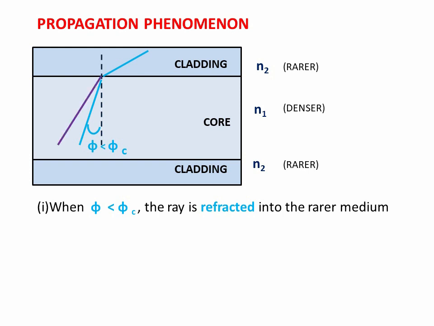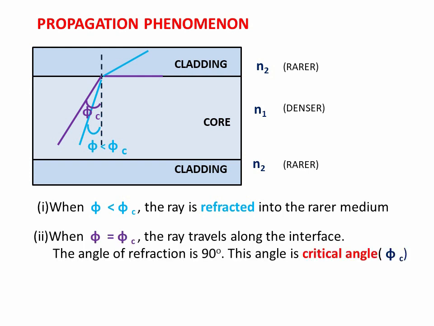When the incident light ray is just equal to the critical angle, it travels with an angle of 90 degree, that means along the interface between core and cladding.